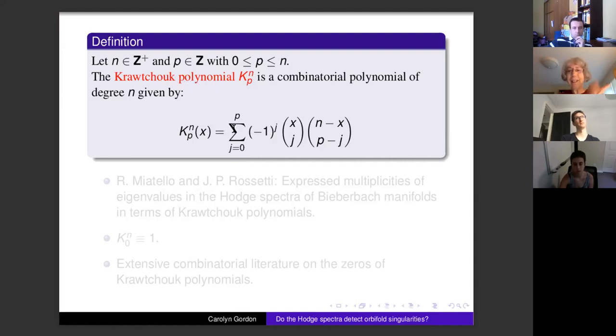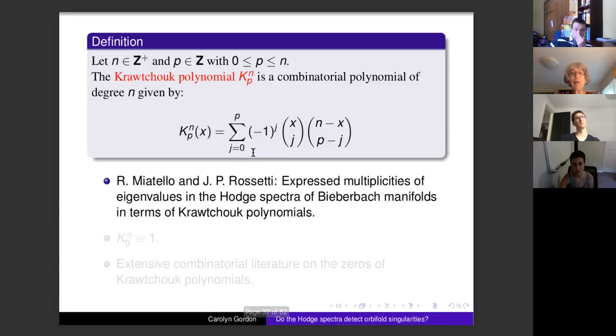The formula isn't particularly important for us, but they are studied widely in the combinatorial literature, and they first appeared in the spectral literature in work of Roberto Miatello and Juan Pablo Rossetti, who expressed multiplicities of the eigenvalues in the Hodge spectrum of Bieberbach manifolds in terms of these polynomials, and used them to construct isospectral Bieberbach manifolds.